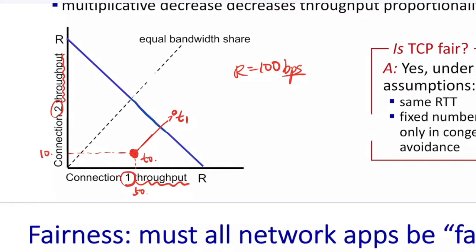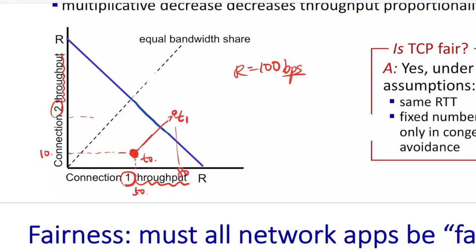All data packets get their acknowledgements. So at time T1, the sender of connection 1 will increase its congestion window to a certain number, for example 80.